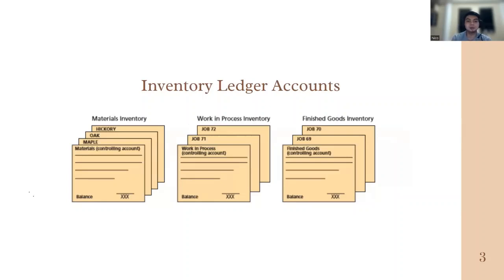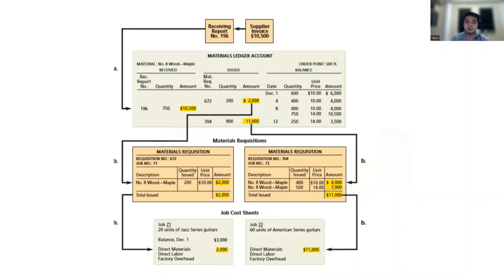In the job order cost accounting system, controlling accounts are maintained for materials, work in process, and finished goods inventories as shown on your screens. In the next figure, this shows the materials information and cost flows. This shows the Legend Guitars ledger account for Maple. We can see the received and the issued.